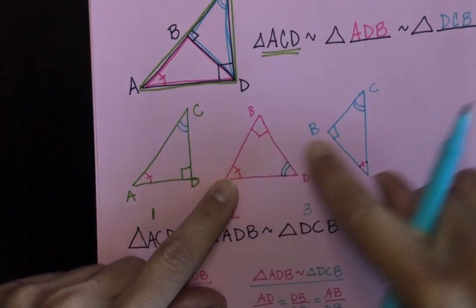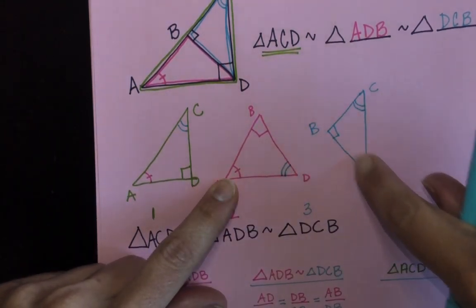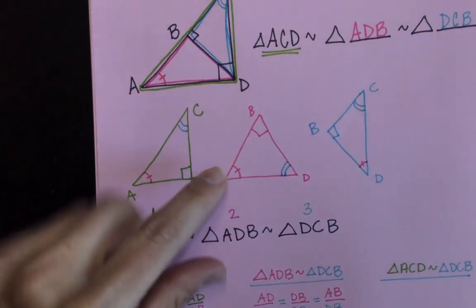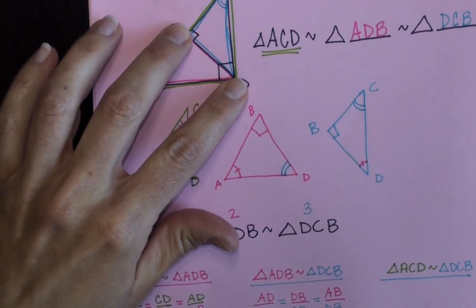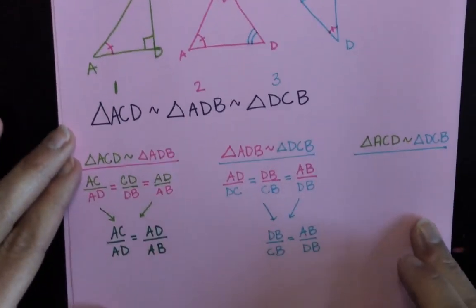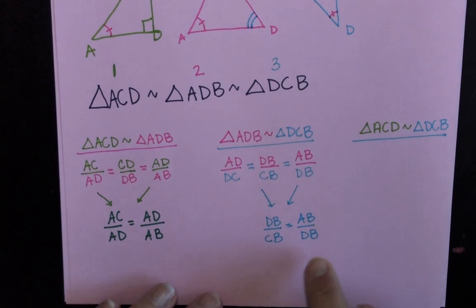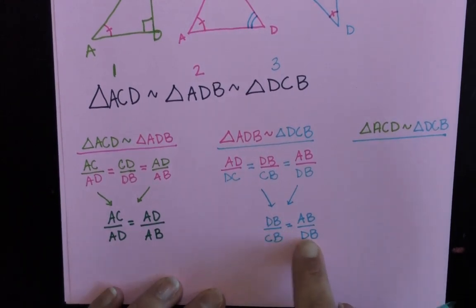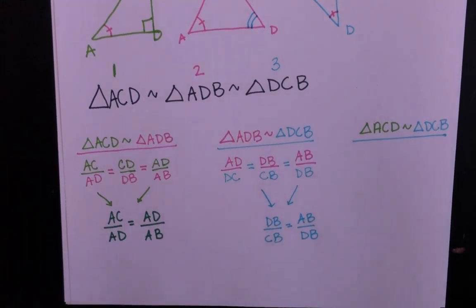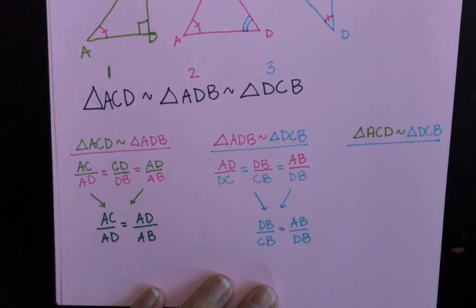Here's the shortest leg, here's the longest leg. They just don't correspond. Same segment, same length, but they do not correspond. They're not in the same proportion. But when we would cross multiply, you end up with anything times itself is going to be something squared. So you can see I've already kind of set this guy up over here.